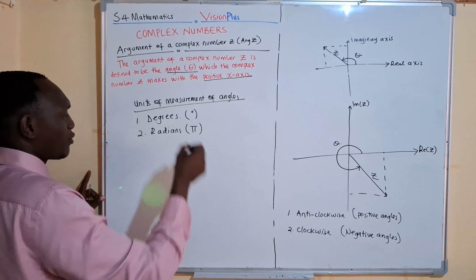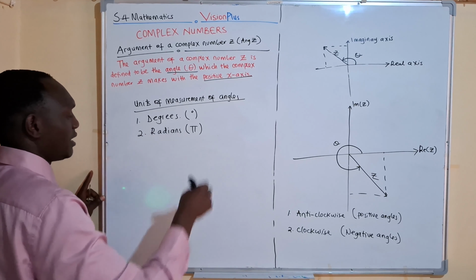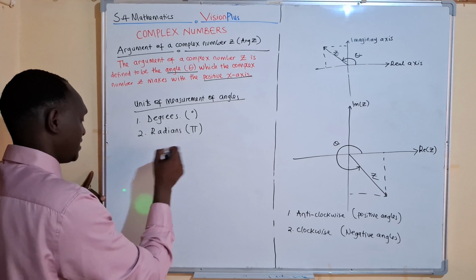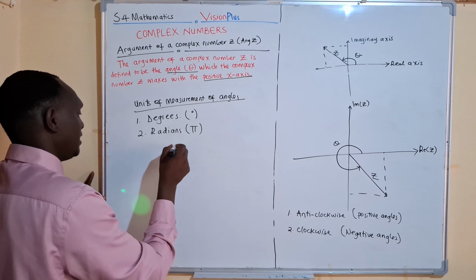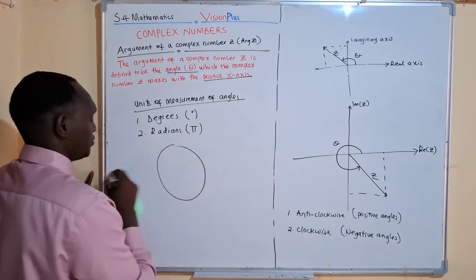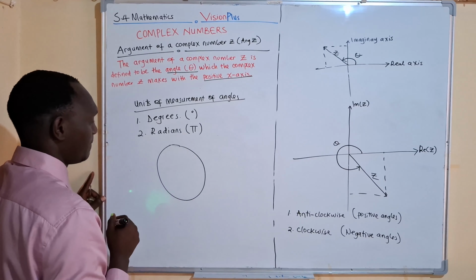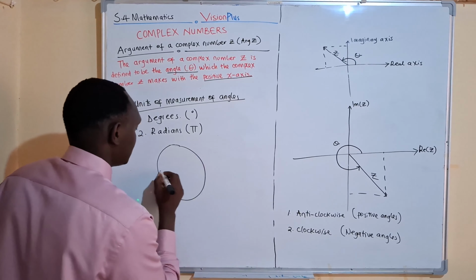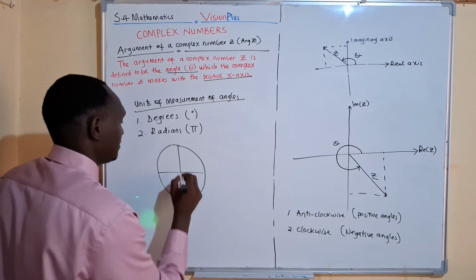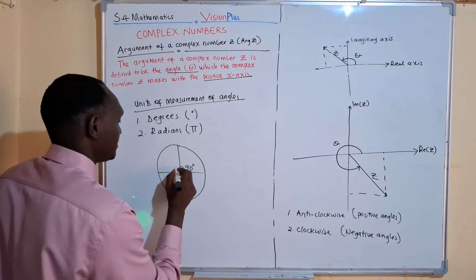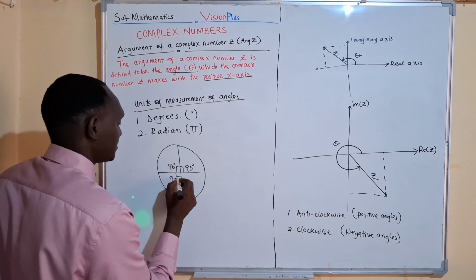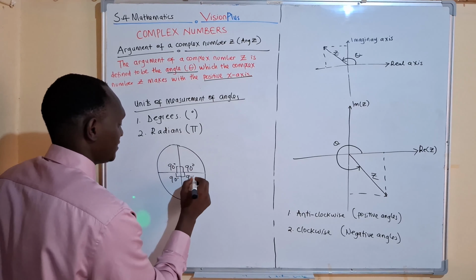Remember, a complete revolution. For instance, a pie chart. A complete revolution here is 360 degrees, because here is 90 degrees, 90 degrees, 90 degrees, and 90 degrees.